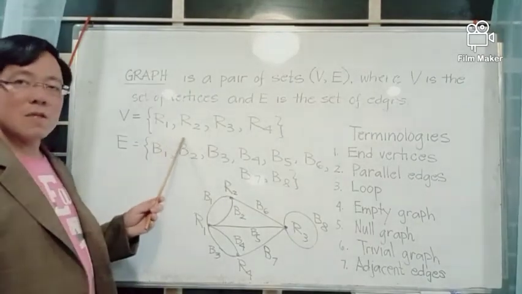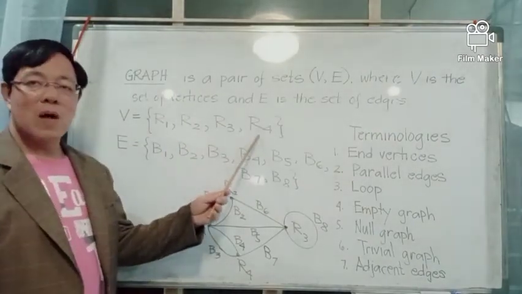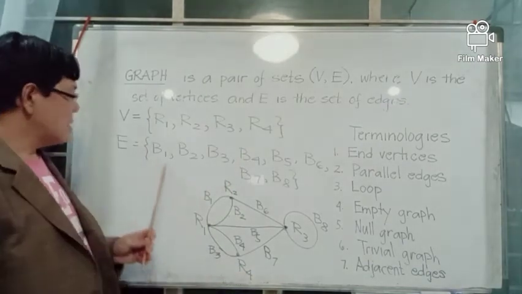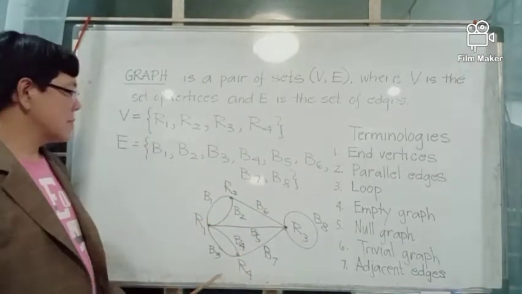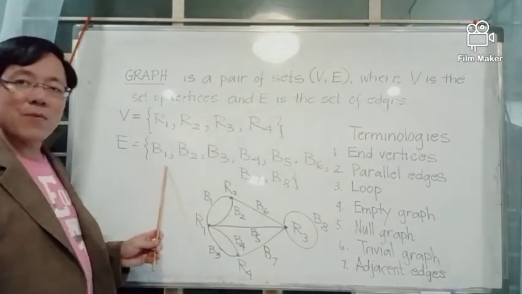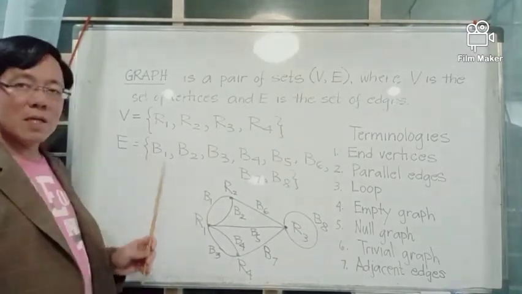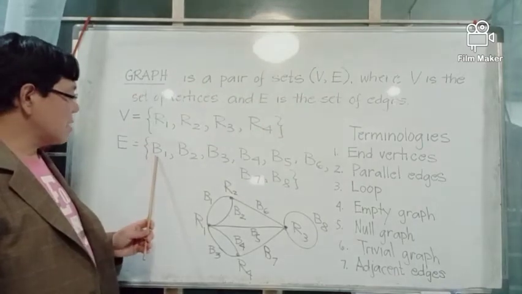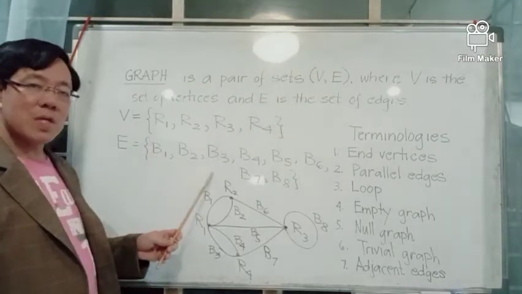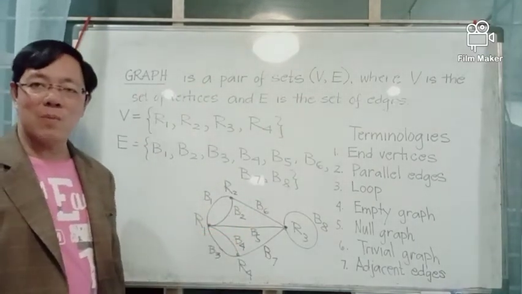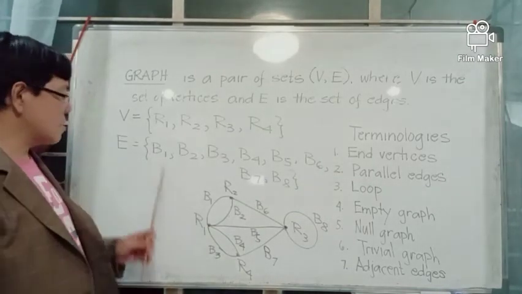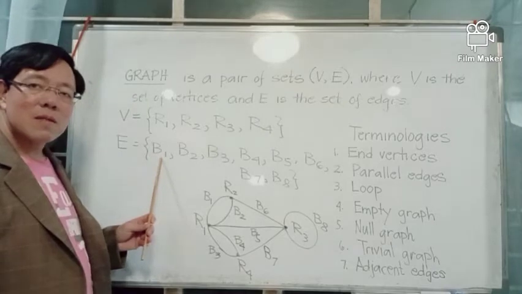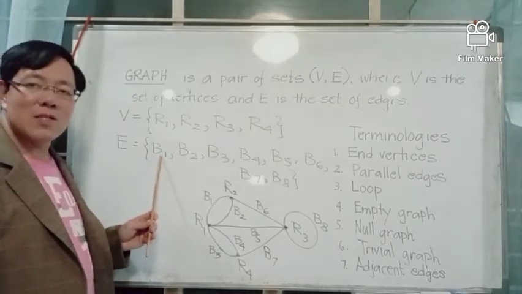So this is the set of vertices for this graph, and this is the set of edges for this graph. But for the set of edges, capital E, instead of writing B1, B2, B3 up to B sub 8, we can be more specific by specifying the vertices that are connected by each edge.